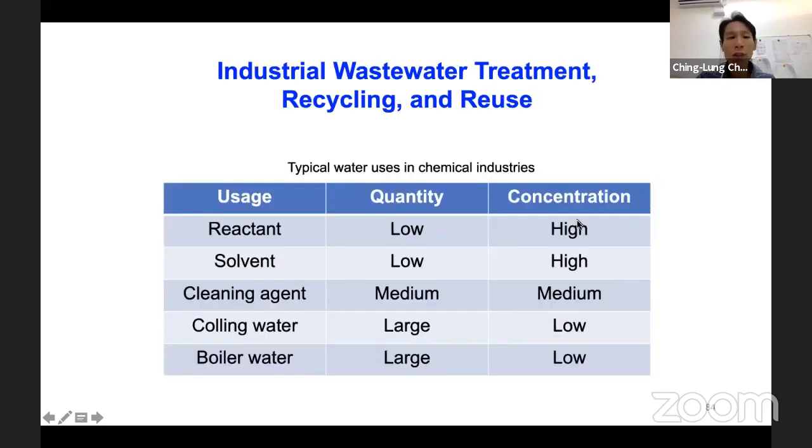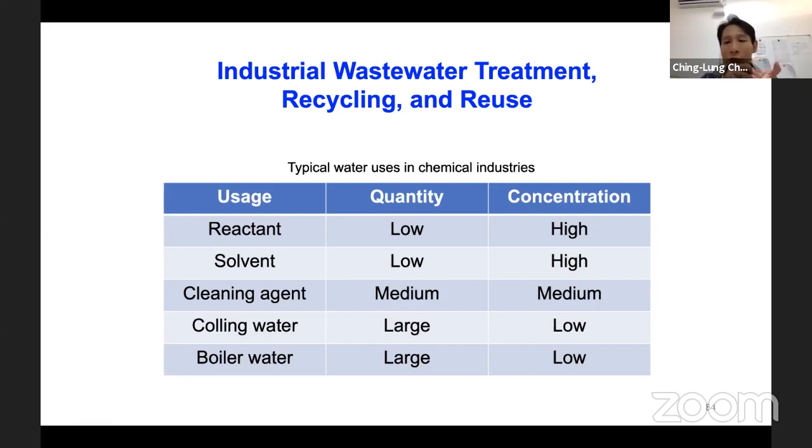So in industrial wastewater treatment, recycle and reuse, this is the typical water use in the chemical industry. For the reagent, the quantity is low but the concentration is very high. For example, in semiconductor manufacturing, they use hydrogen fluoride to clean the silicon wafer surface.